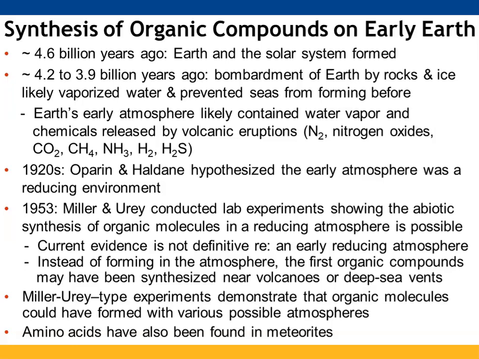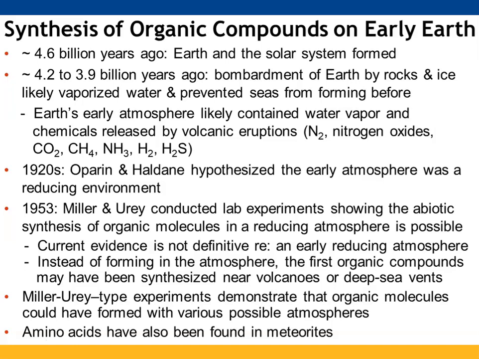In the 1920s, Oparin and Haldane hypothesized that this early atmosphere was a reducing environment. And in 1953, Miller and Urey, you may remember us talking about them earlier, conducted lab experiments showing how organic molecules could be synthesized abiotically in such an atmosphere.